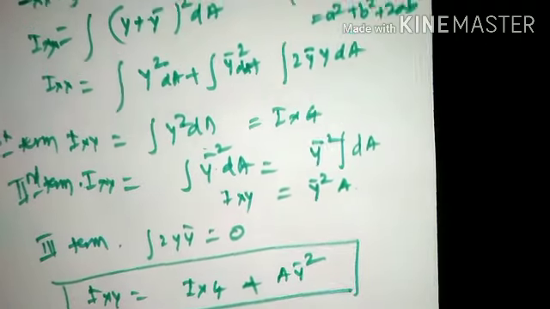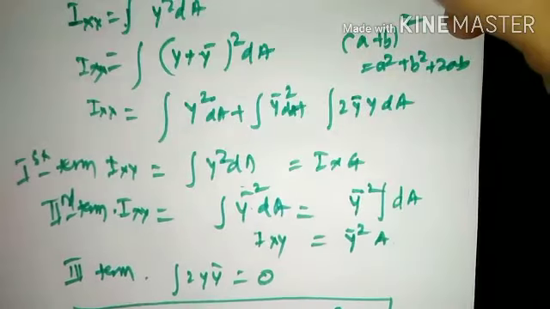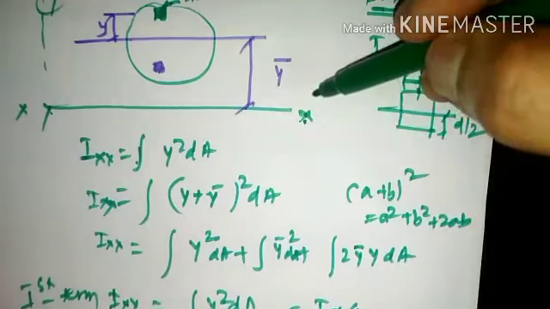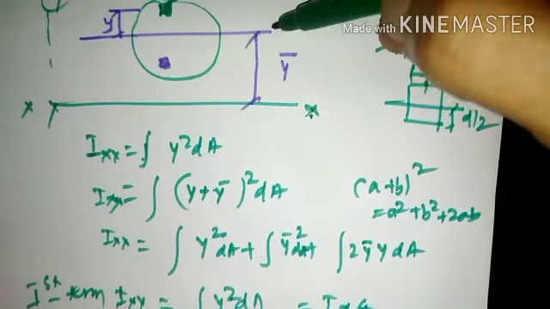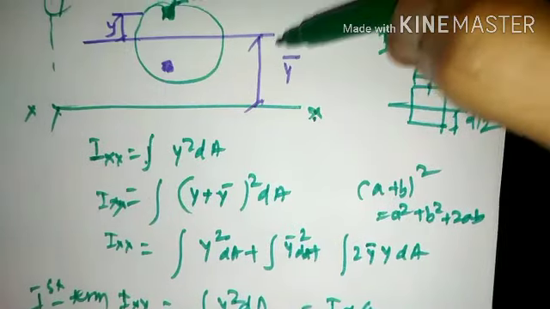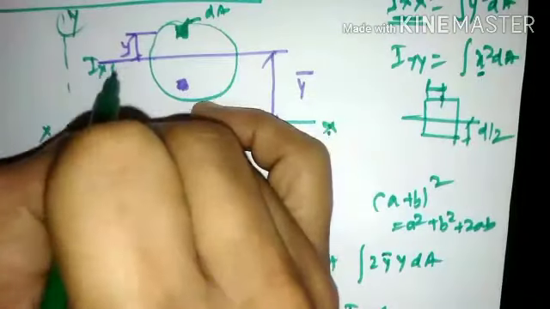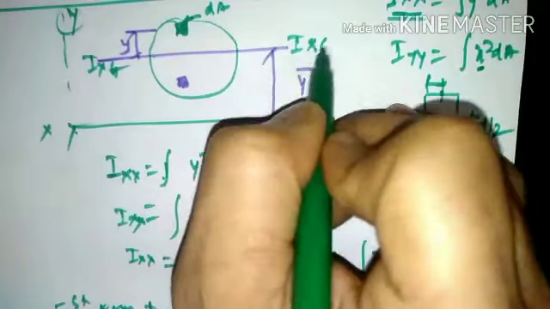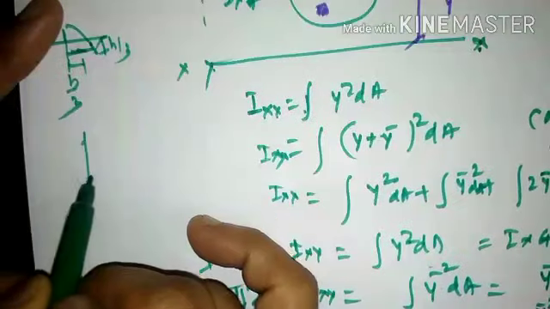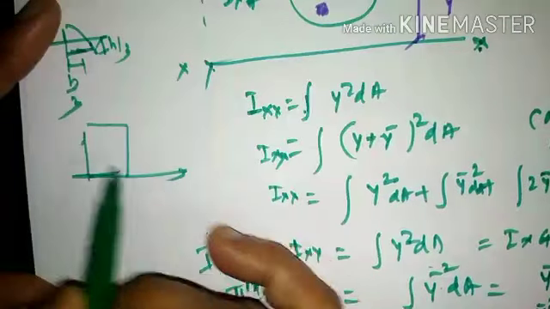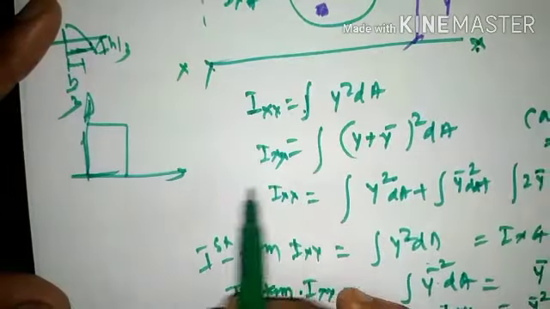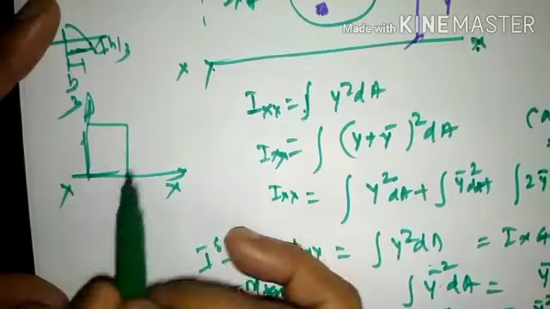Now what has happened here is, the axis which I considered as the reference axis is called Ixx. The axis which passes through the centroid of the whole lamina will be called Ixg. So if I consider a rectangle here, the axis which I considered for the derivation of the centroid is called xx.